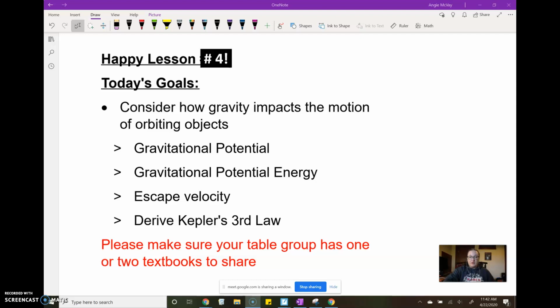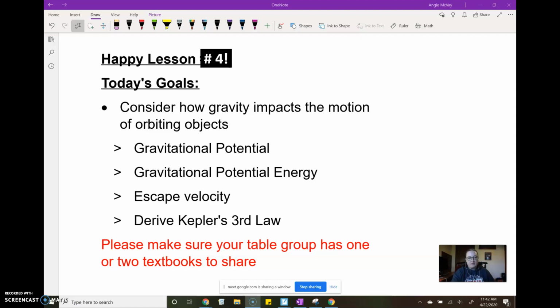So we'll look at something called gravitational potential, compare it with gravitational potential energy, and what the pattern is for those on a planetary scale. Spoiler alert, it is different than what we expect on a scale near the surface of the Earth. Okay, and then we'll take a look at escape velocity.